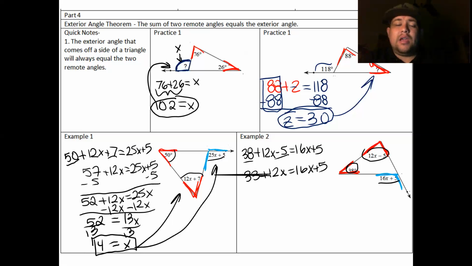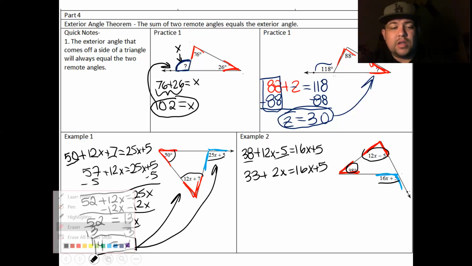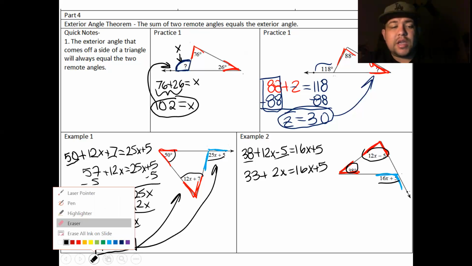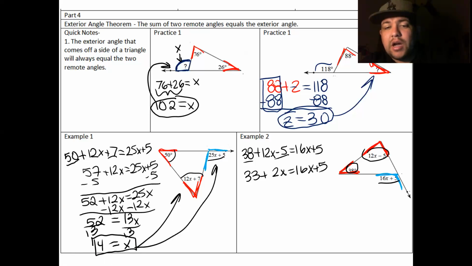Okay, whoa, I don't know what happened again. I apologize. Oh, yeah, there it is. Still learning this as you guys are doing this. I'm going to subtract 5 from both sides. We're going to simplify both sides. 33 minus 5, these are going to cancel out.